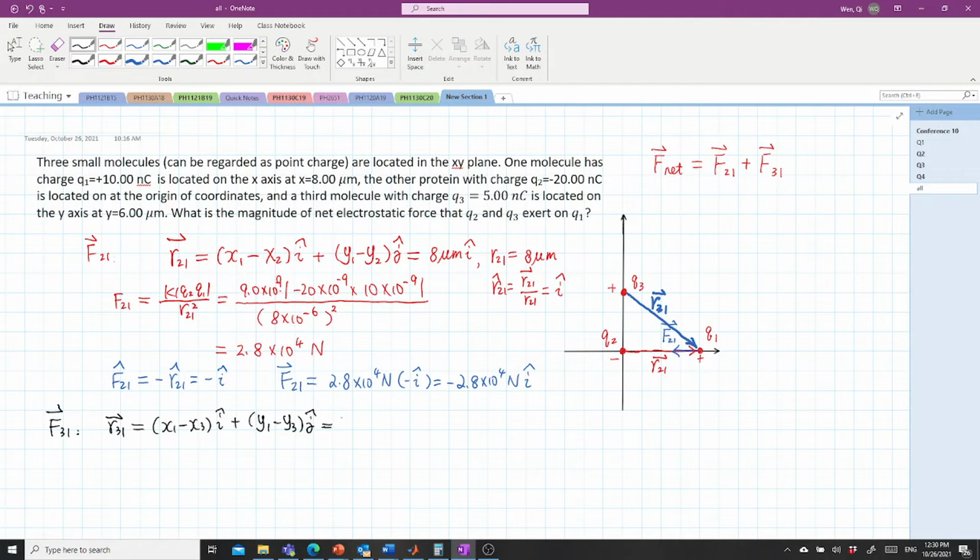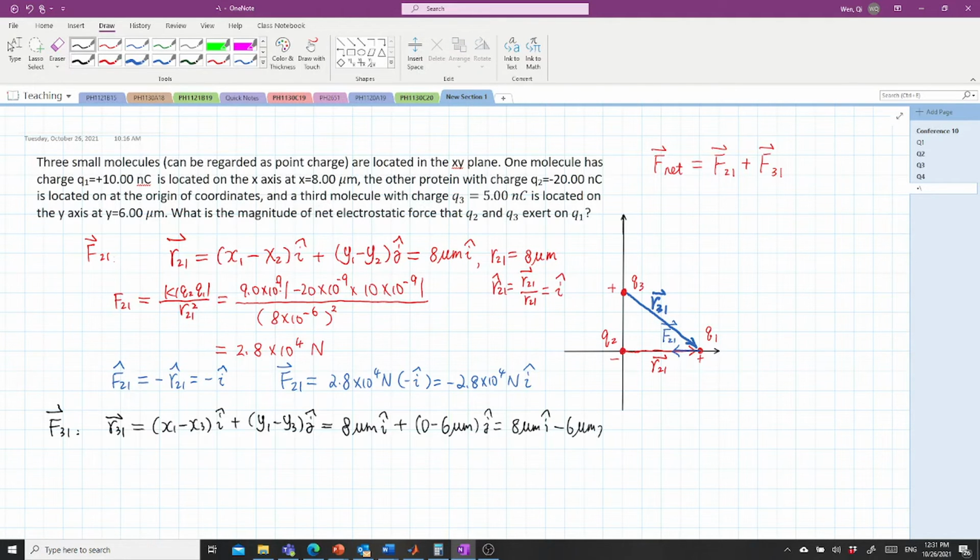So we can substitute the values. x1 is 8 micrometers and x3 is 0, so we have 8 micrometers in the i hat, plus y1 minus y3, which is 0 minus 6 micrometers in the j hat. So R31 is 8 micrometers i hat minus 6 micrometers j hat.